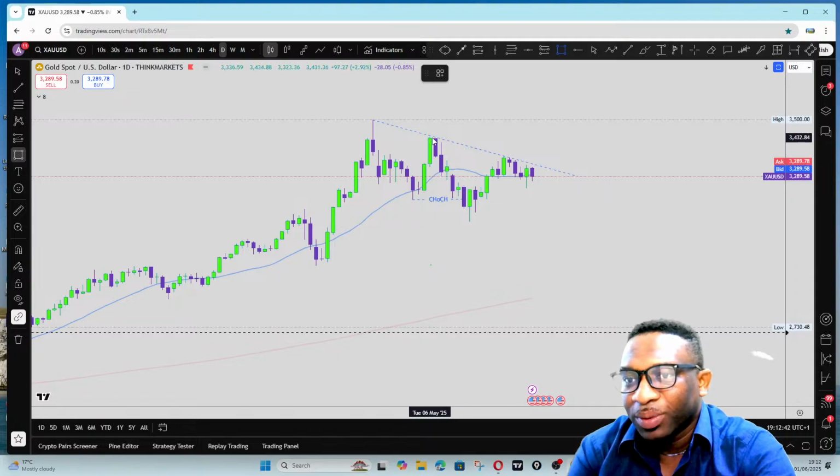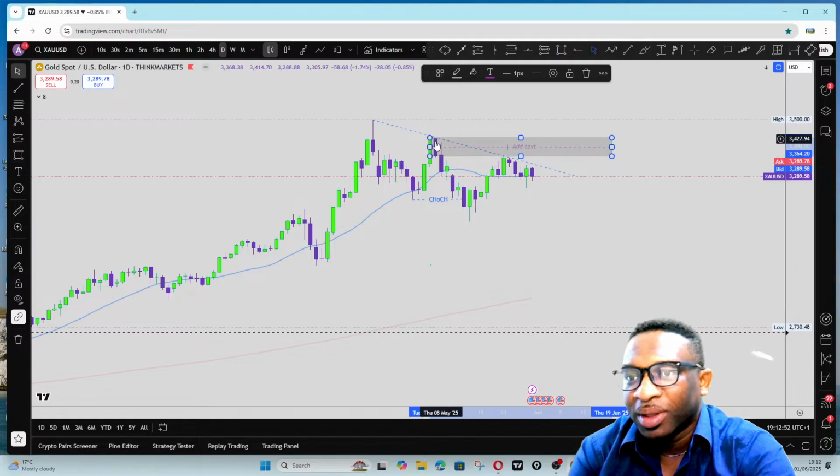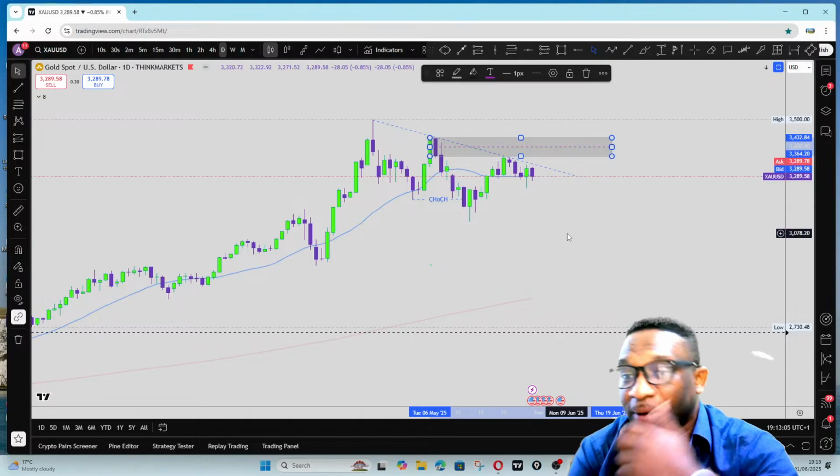So we can take the high and the low of the last candle where price originated from. This will be the target area, where price is likely to trade into before turning around.